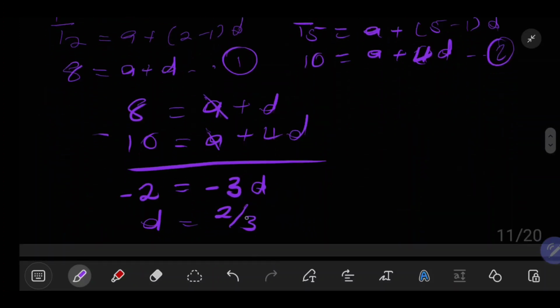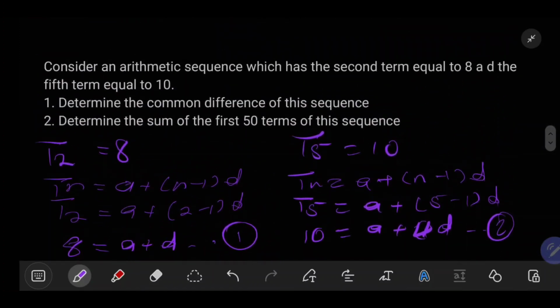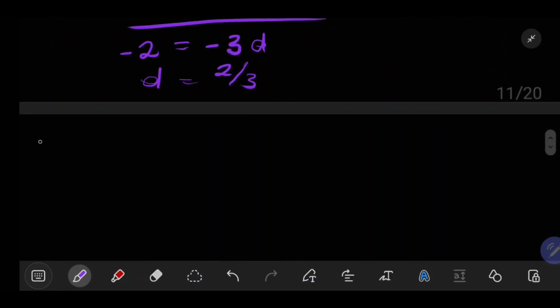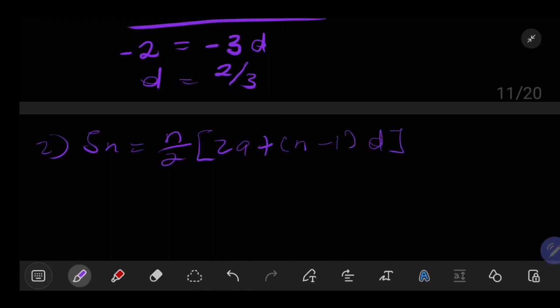The second question says, determine the sum of the first 50 terms of the sequence. We know Sn is equal to n over 2 times (2a plus (n minus 1) multiplied by the difference).